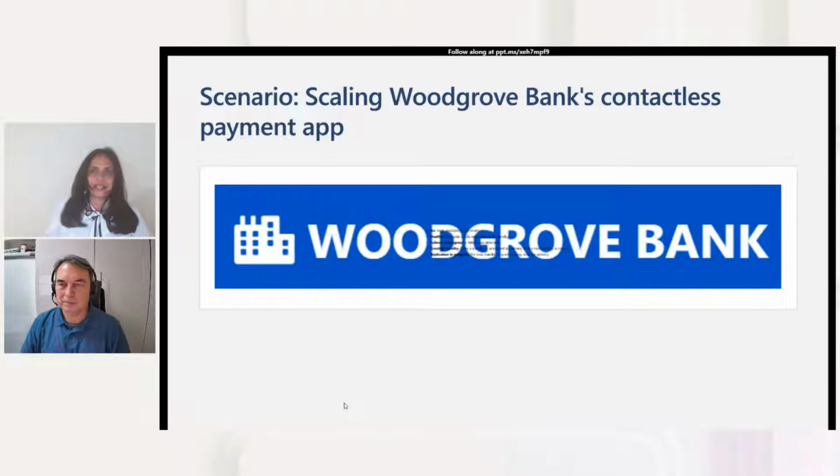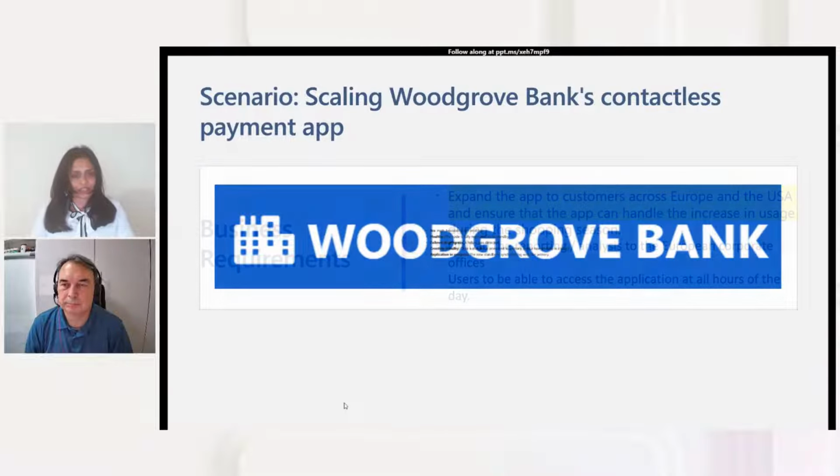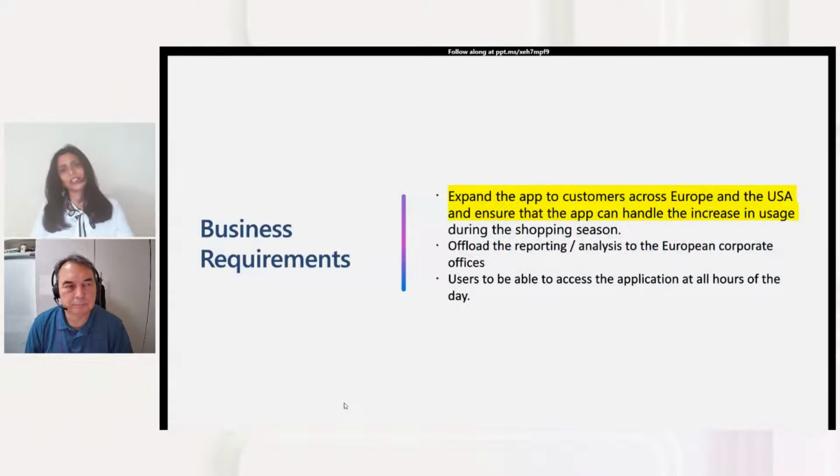Now, this app, they want to expand. They have it right now, and they want to expand it to other areas in the US as well as across the seas to Europe. And they want to use Azure Cosmos DB for PostgreSQL. But they have their own set of criteria and requirements. So let's go through that and see what we can do.